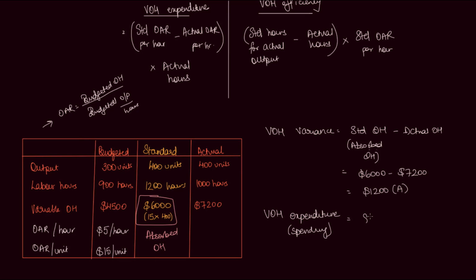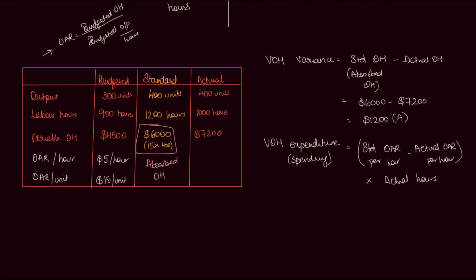So we will take the difference between the standard overhead absorption rate per hour and the actual overhead absorption rate per hour. This will be multiplied with the actual hours taken to produce the output. The standard overhead absorption rate per hour we've already calculated, $5.